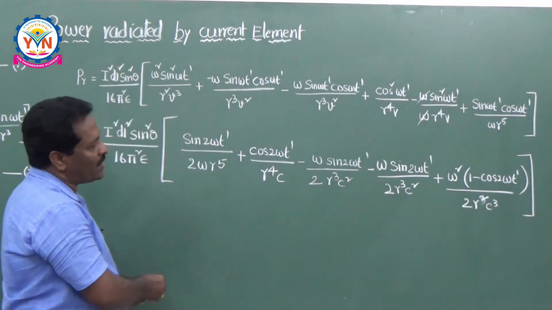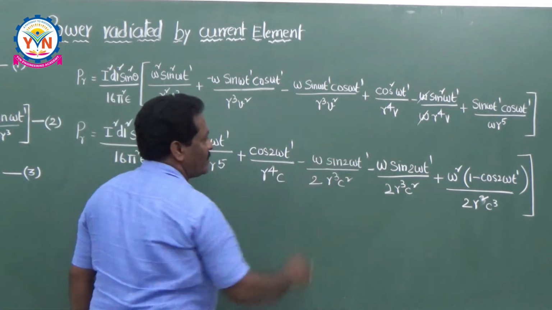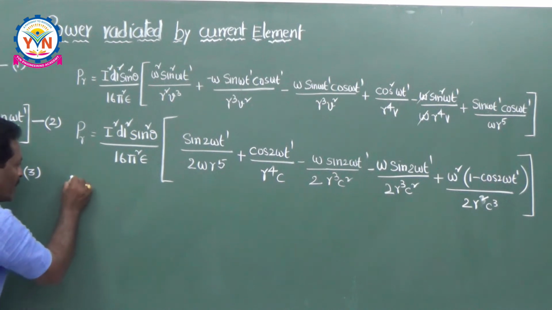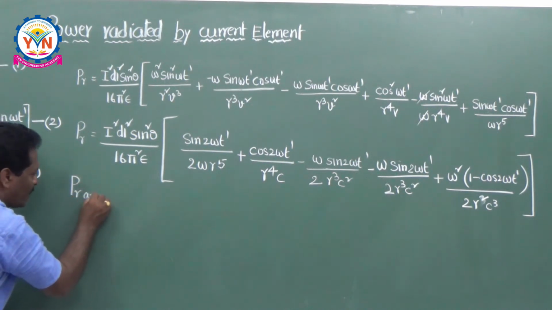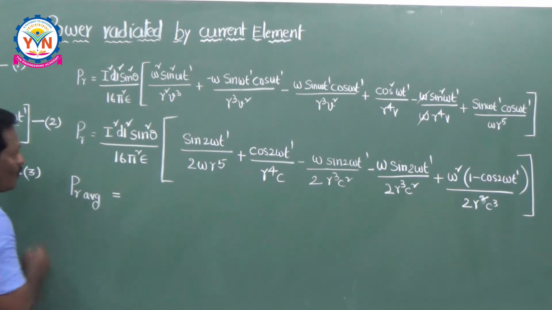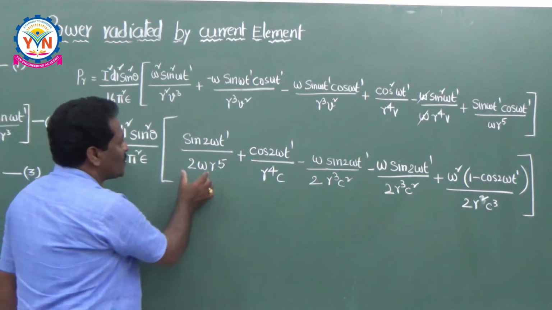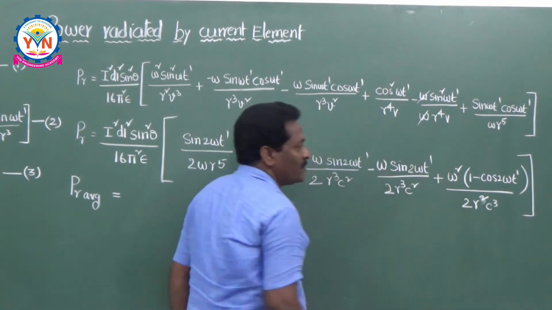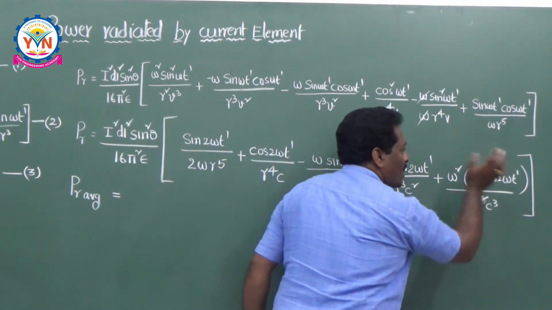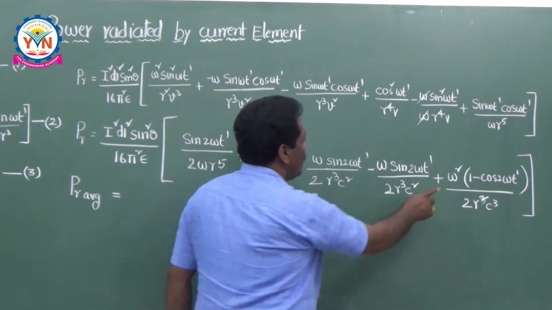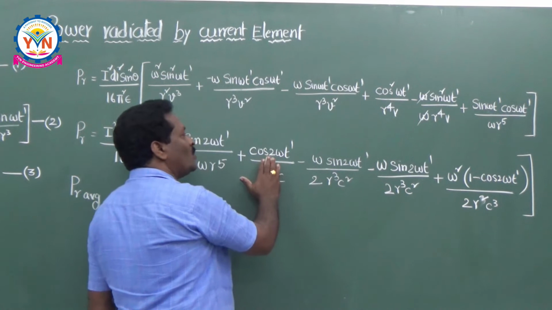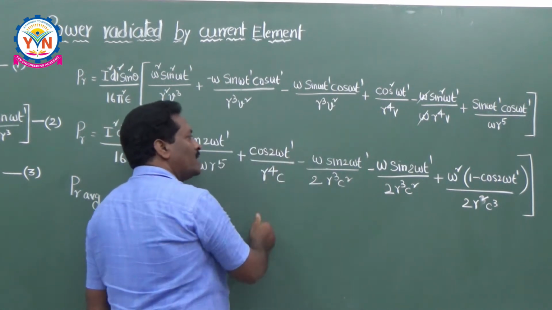Now simply you can say, by seeing each and every term, once again I would like to take the PR average. So the radial power, that too average, I am calculating here. Now if you observe this equation very closely, the average value of the first term, second term, this term is equal to 0. Even cos 2 omega t dash is also equal to 0. If you take the average of all these terms, because of the sin 2 theta, cos 2 theta, they are equal to 0.